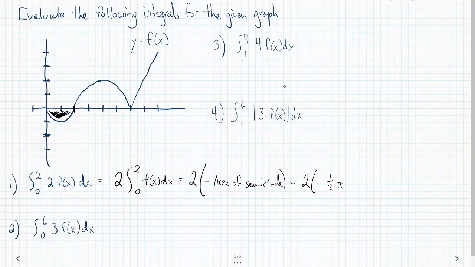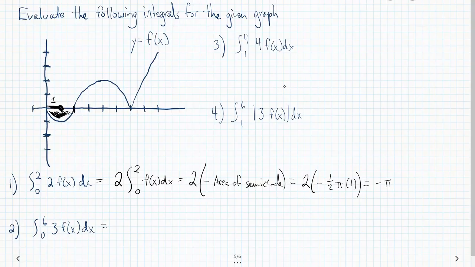Well, in this case, our radius of our semicircle would be this distance here, which is 1. Okay, well, 2 times negative 1/2 is negative 1 times pi, and then this whole thing would just be negative pi, and we're done.